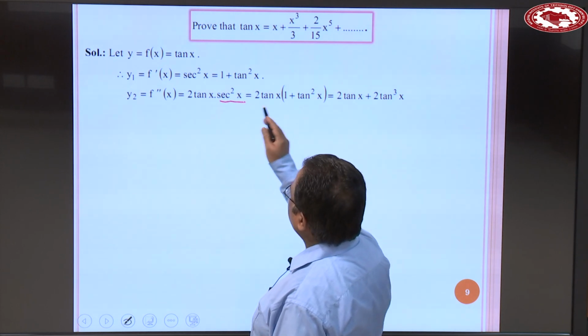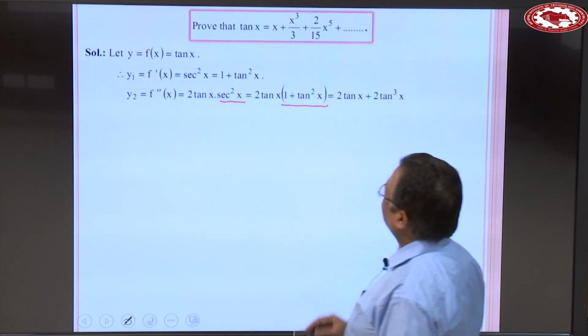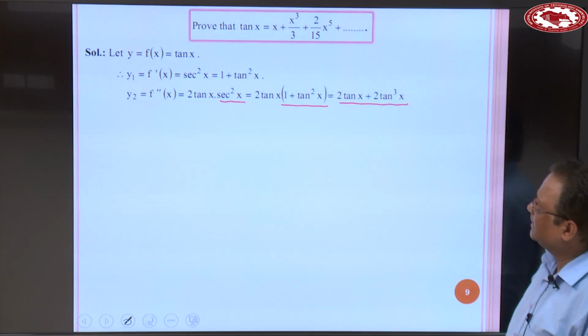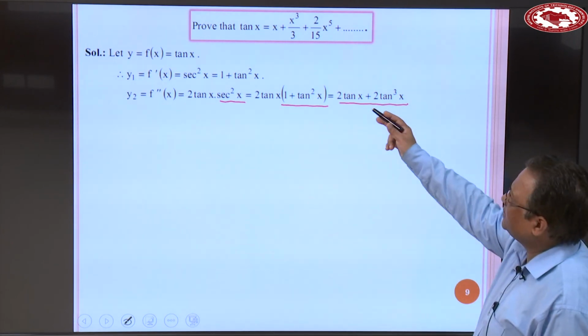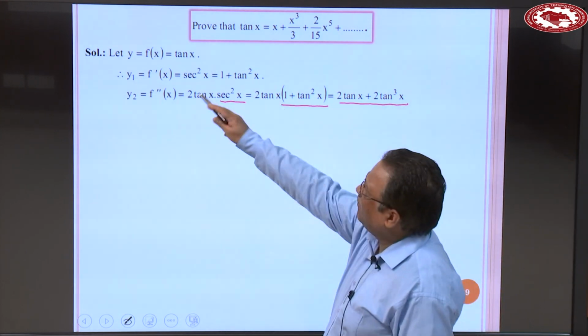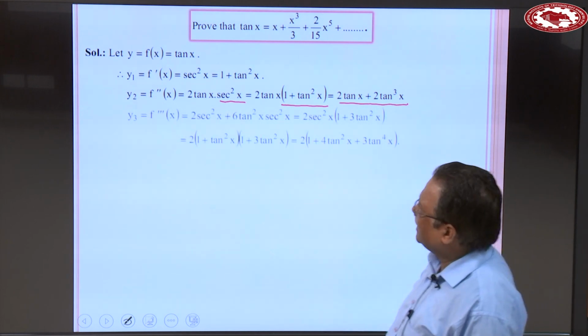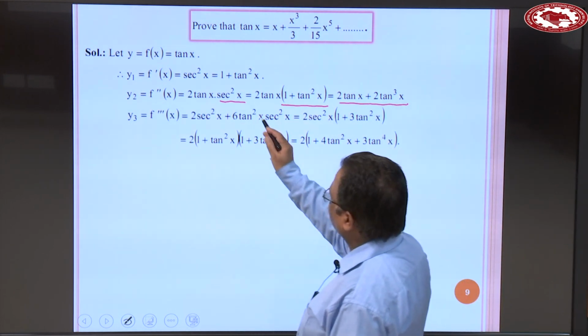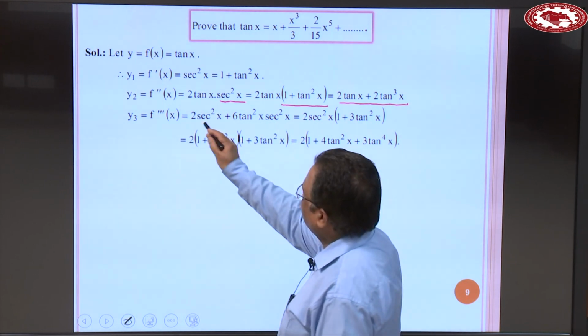Again, secant square x is 1 plus tan square x, and we obtain this result in terms of tan x. So when x is 0, y2 is 0. When x is equal to 0, y1 is 1. Similarly, calculate y3: 2 secant square x plus 6 tan square x secant square x. So replace this one.